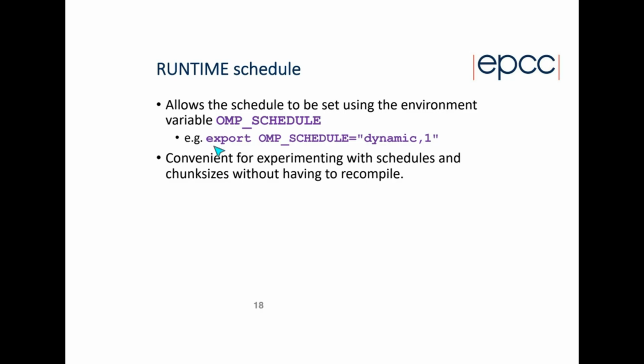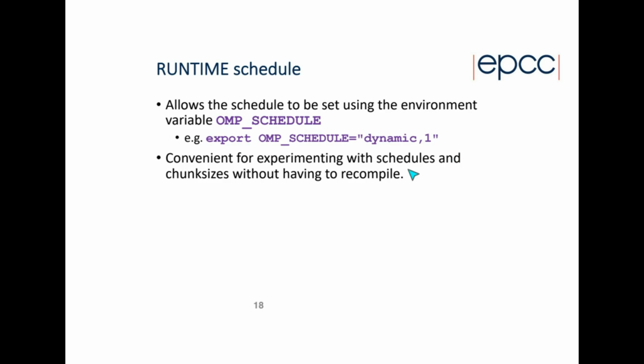We can set that before we execute the program, and so maybe set it to dynamic 1. That means any loops that have schedule runtime in the code will use the dynamic schedule with a chunk size of 1. The rationale is that it makes it convenient for you to experiment with different schedules and chunk sizes without having to rebuild the code.